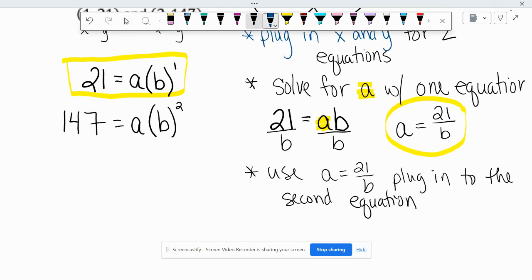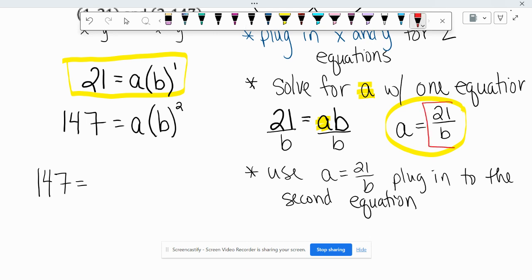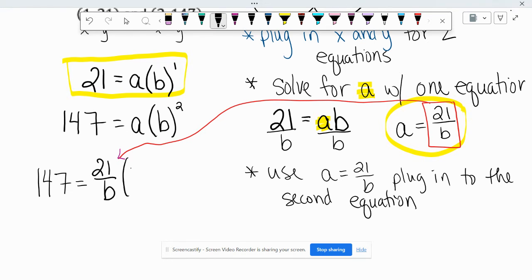Our second equation is 147 equals A times B squared. Well, I'm going to rewrite it as 147 equals, what does A actually equal? Yeah, 21 over B. I'm just going to plug that in. So A is 21 over B times B squared.